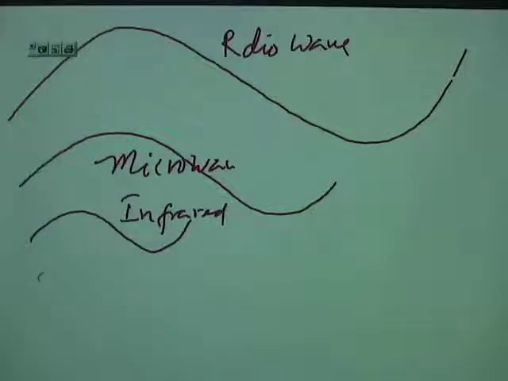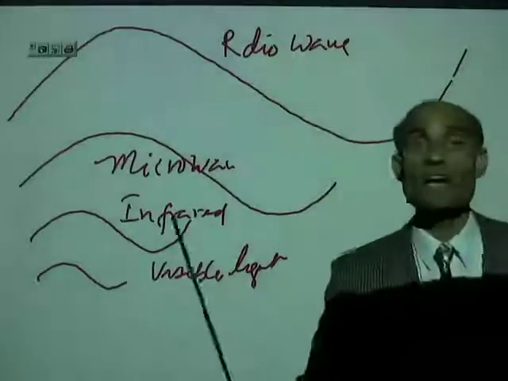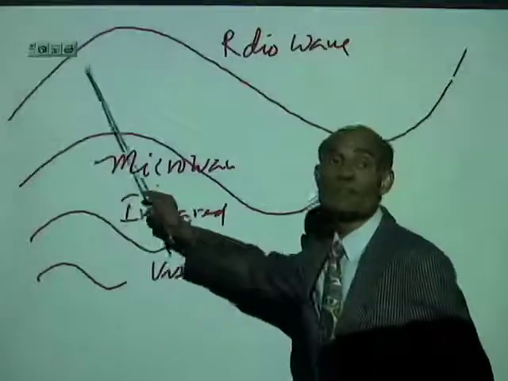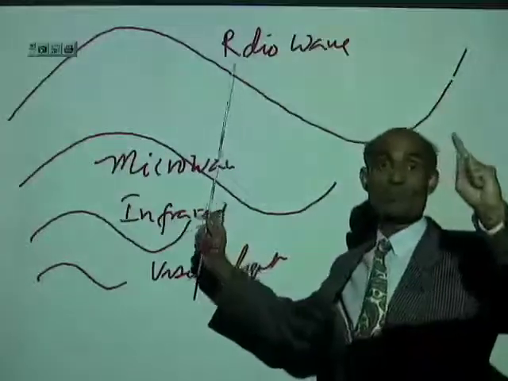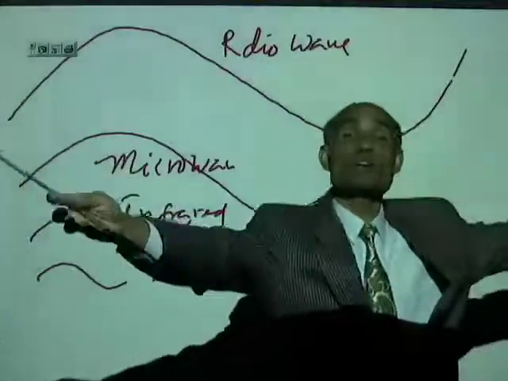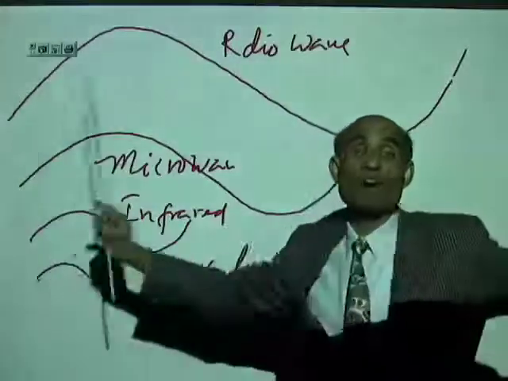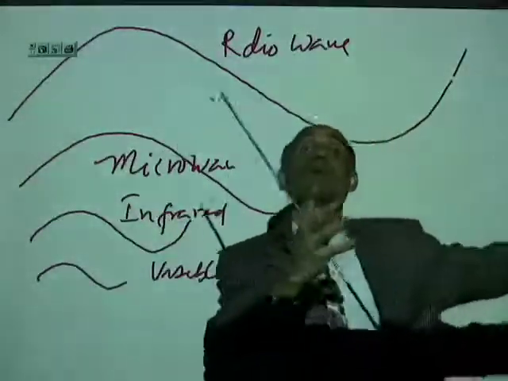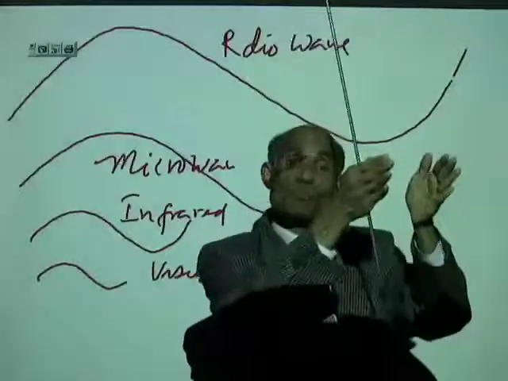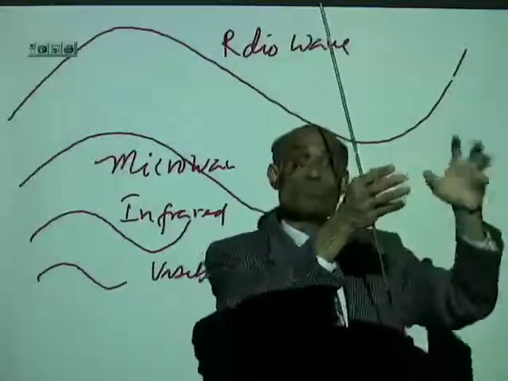Infrared. And here you have visible light. Now, don't get confused here. When I draw these diagrams, don't think that you have only one type of radio wave. There are hundreds of thousands of different radio waves, long and short. We group them all together and call them radio waves.